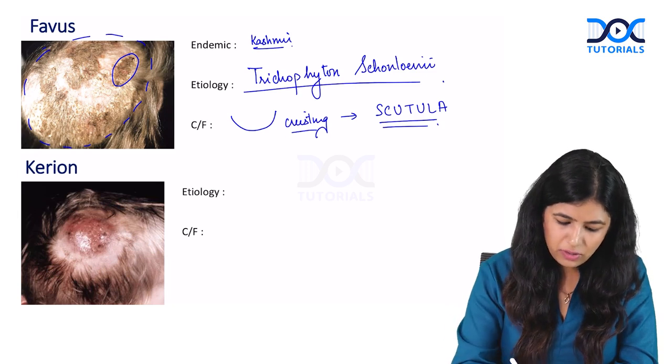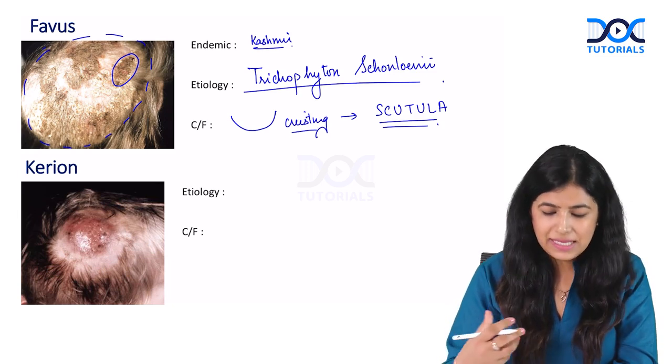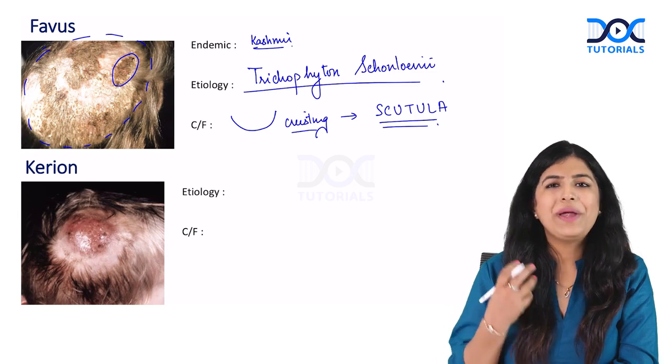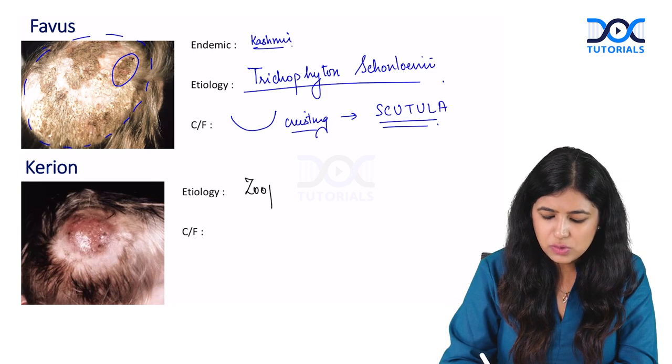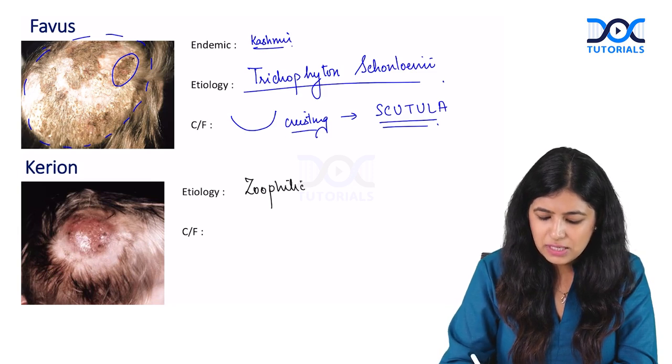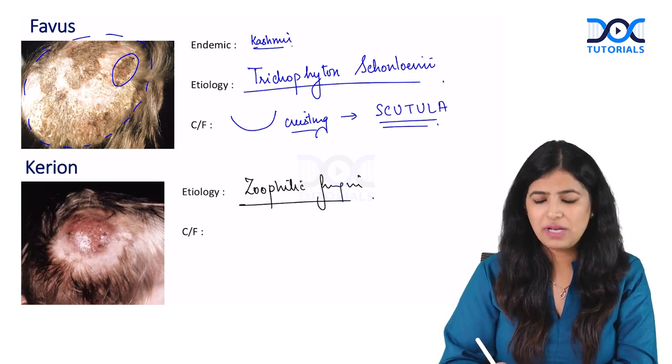Then we have Kerion. Now, Kerion has excessive inflammation. When does the fungus cause excessive inflammation? When it is a zoophilic type of fungus. So this is commonly caused by the zoophilic fungi.